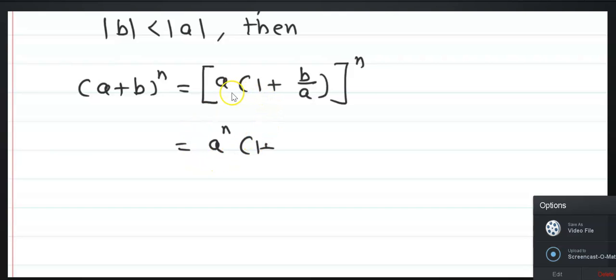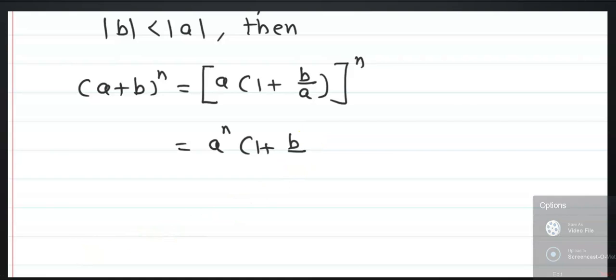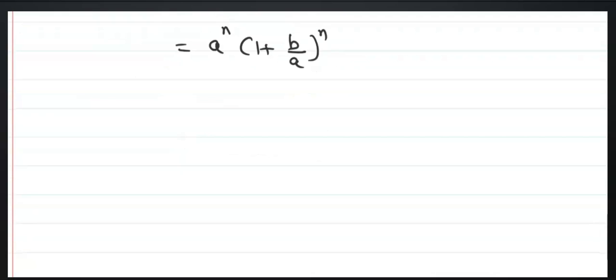Therefore, take a common, then in the bracket you will get (1 plus b upon a) raised to n. Therefore, here a raised to n into (1 plus b upon a) raised to n. Now, the expansion of this can be written as before.